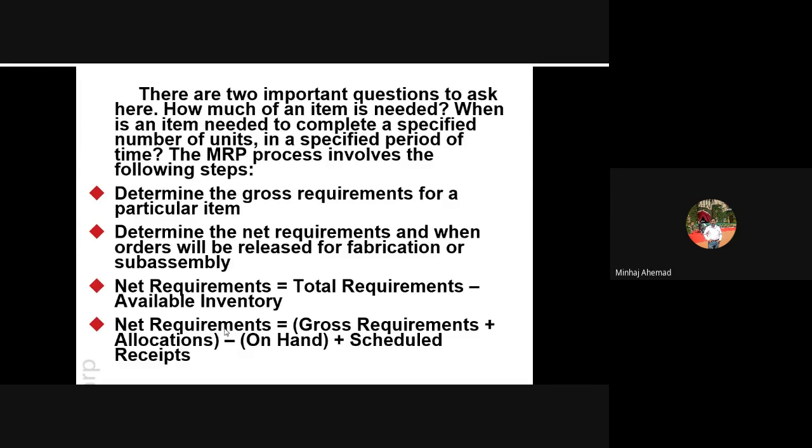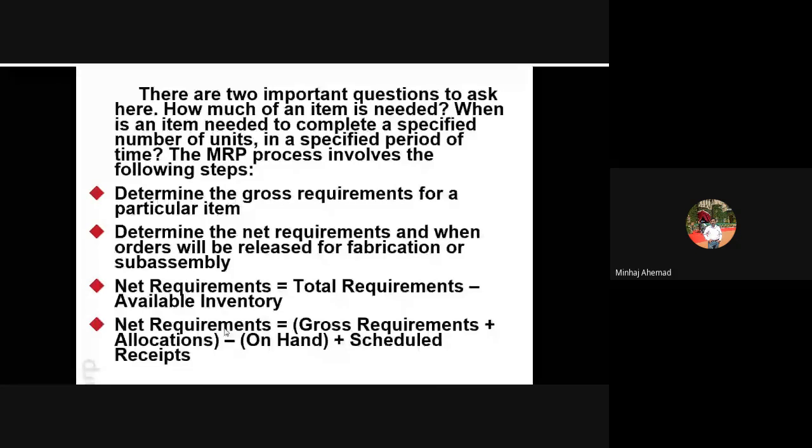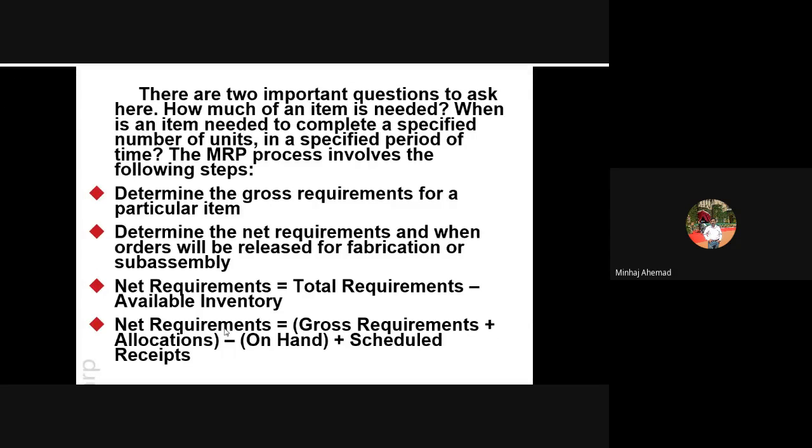It determines the net requirement and when orders will be released for fabrication or sub-assembly. Net requirement means total requirements minus available inventory. It is also equal to gross requirement plus allocations, minus scheduled receipts.